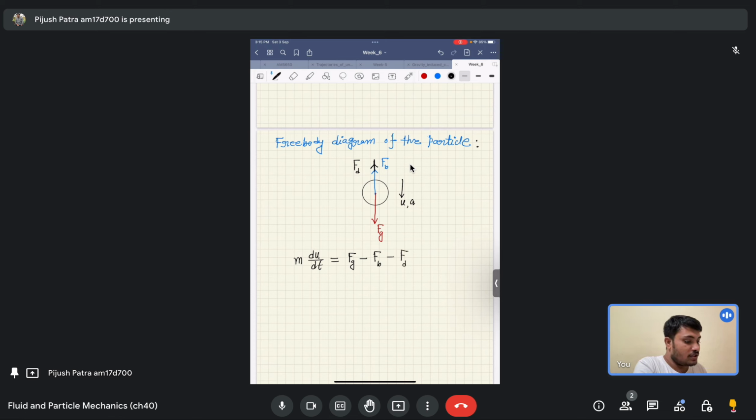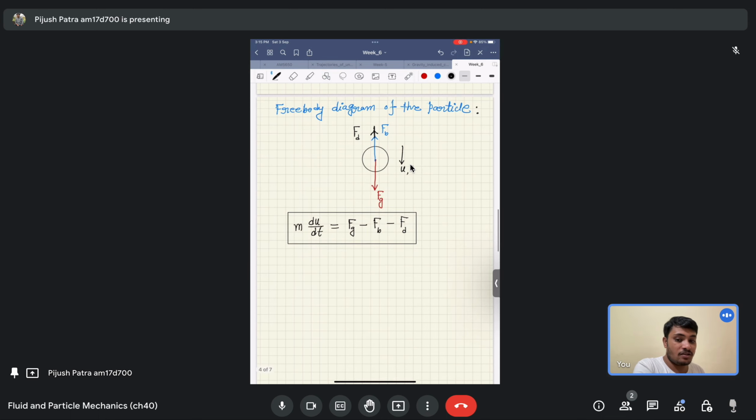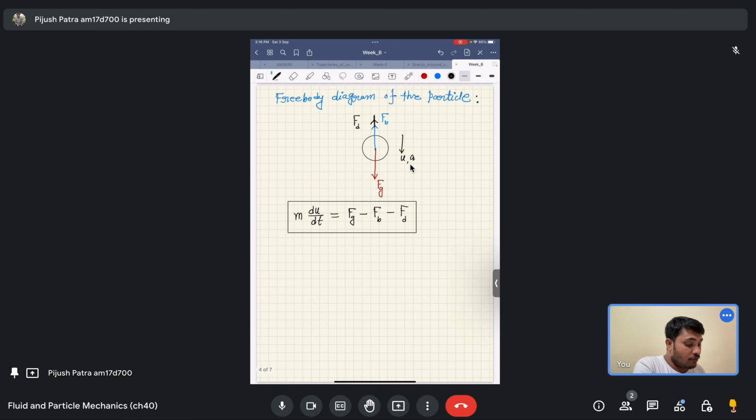So this is your basic fundamental governing equation for the motion of particles settling through a quiescent fluid under the action of gravity. Now I have to quantify the different forces.